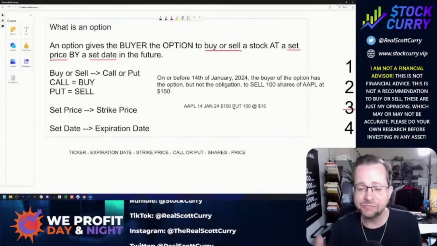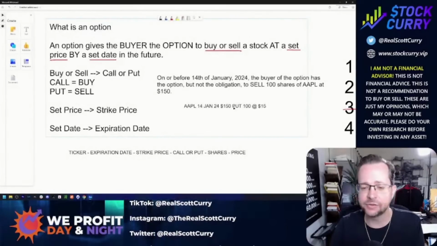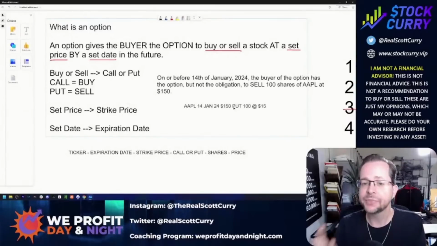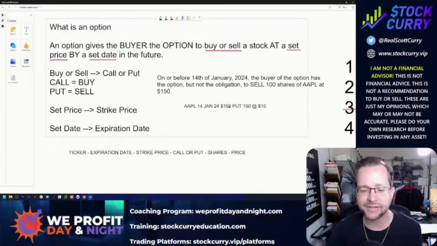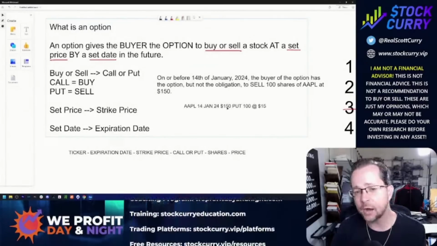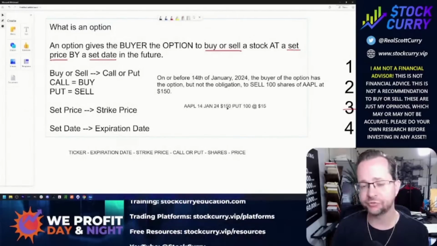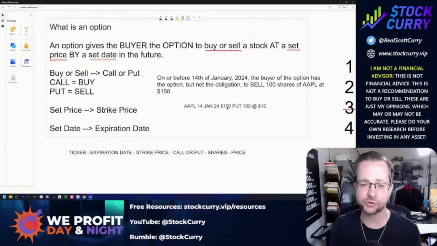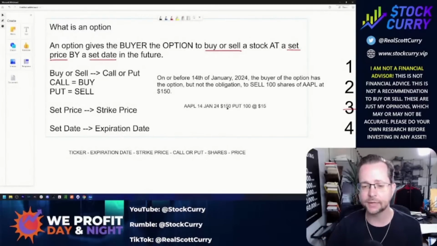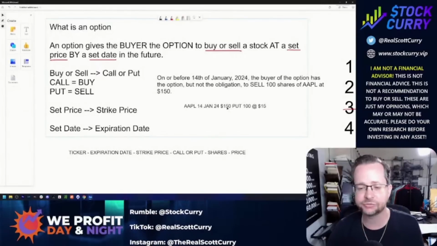But if he exercises the contract and sells to the put seller, now instead of making $140 per share on the open market, he can make $150 per share by selling to the person that sold him this contract.